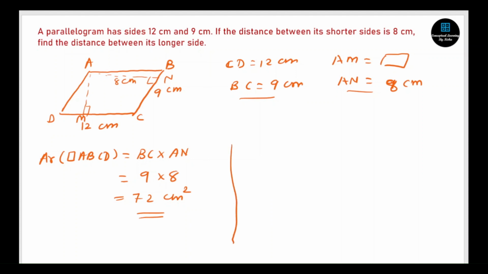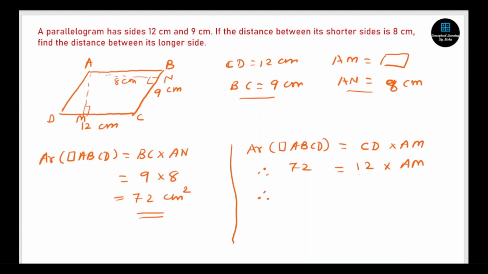Now the area remains the same, but the base and height can change. So area of ABCD equals CD times AM. Now 72 equals CD, which is 12, times AM. Again a common mistake: students don't know what operation they have to do. Here 12 and AM are in multiplication, so when I want to find AM, I have to divide both sides by 12.